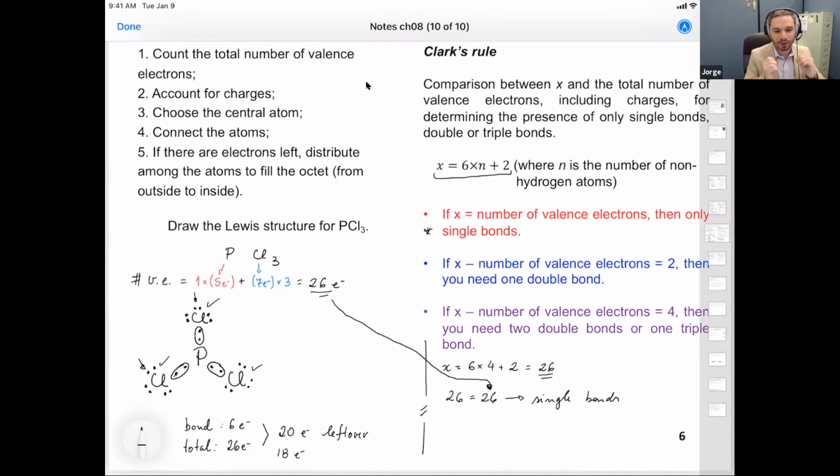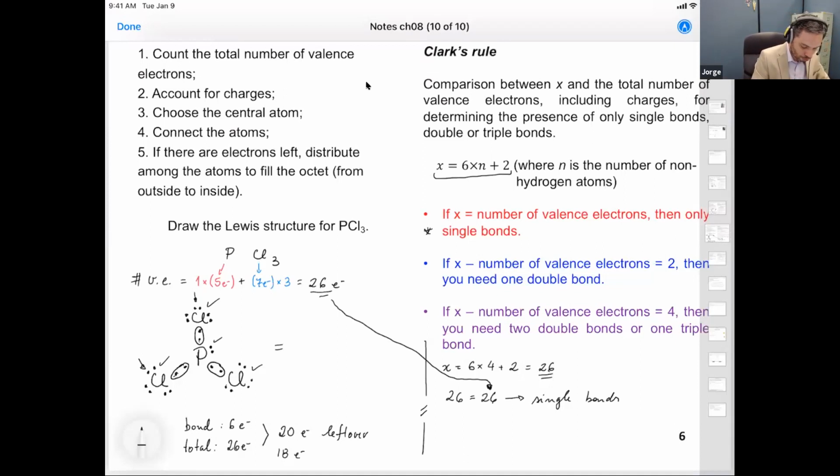Any leftover will be sent to the central atom. 1 and 2. Now let's count how many electrons the central atom has: 1, 2, 3, 4, 5, and 6 with the 3 single bonds, plus 1 lone pair, that is 8. See here that with the leftover electrons, I completed the octet for the element.